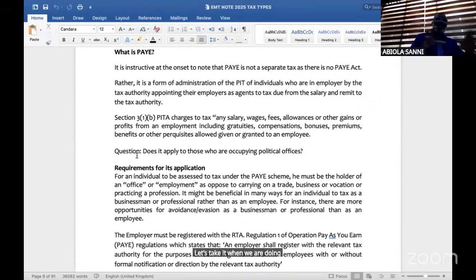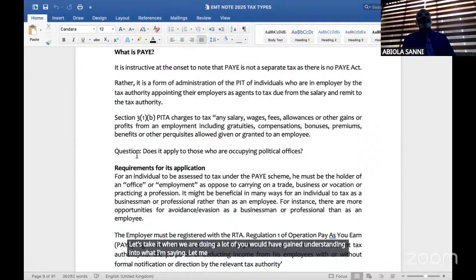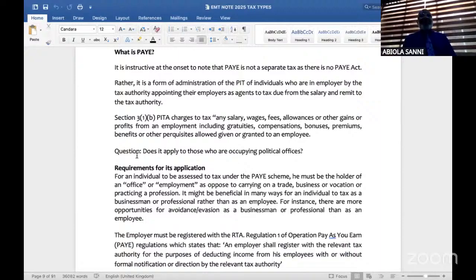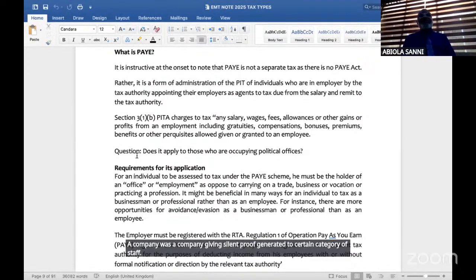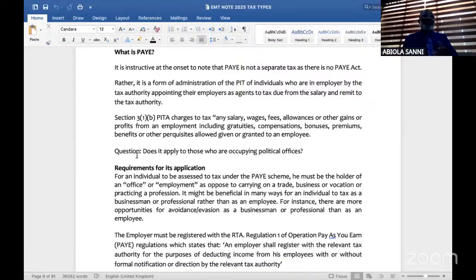A lot of you would have gained understanding into what I'm saying. Let me highlight another one. A company was giving a silent-proof generator to a certain category of its staff, and was also forgiving a housing loan which they gave to some staff who have spent a certain number of years.